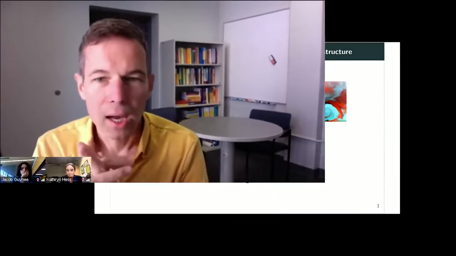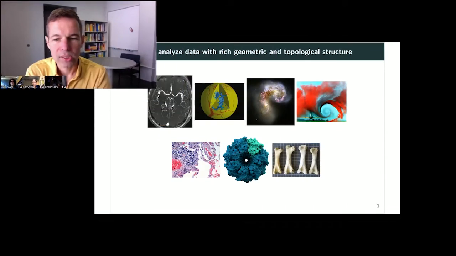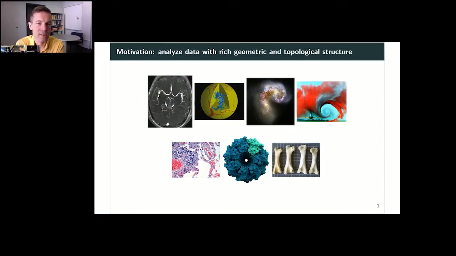All right, let me switch to presentation mode here. So the subject of today's talk is topological data analysis, and the goal of this subject is to analyze data that has a rich geometric structure.